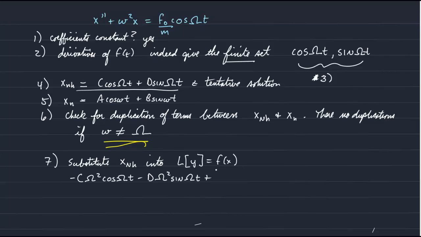And then we add that to lowercase omega squared times x itself, which is C cosine capital omega t plus D sine capital omega t. Oops, I'm sorry, we're solving the complete non-homogeneous case, so that's all equal to F naught over m times cosine capital omega t.